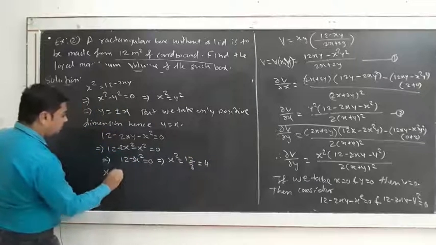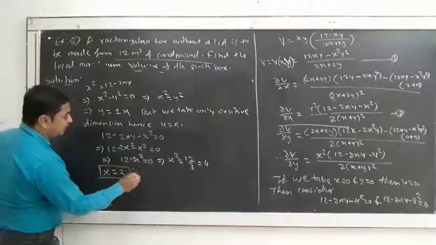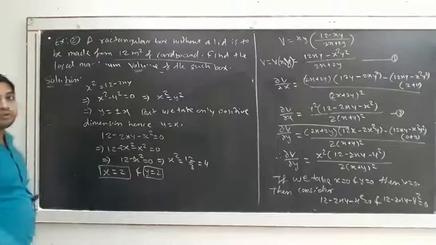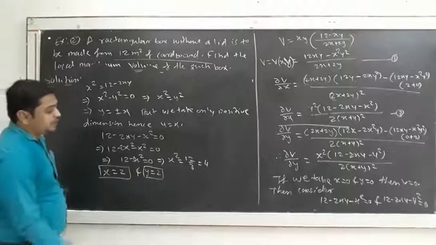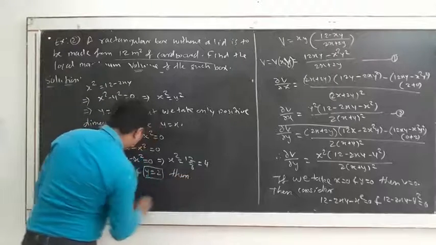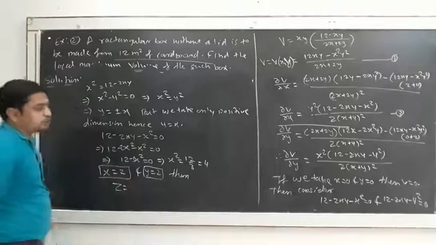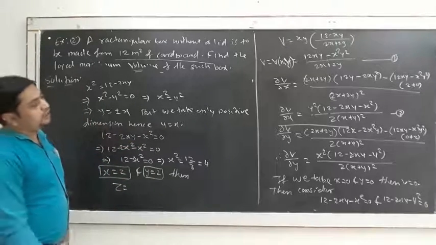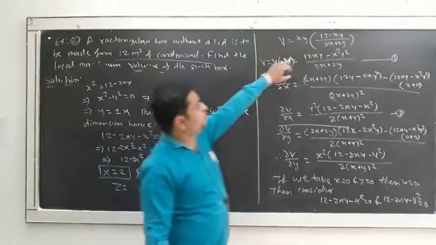Therefore x is equal to 2 and y is equal to 2. Then you can find our z, put these values of x and y in our z.